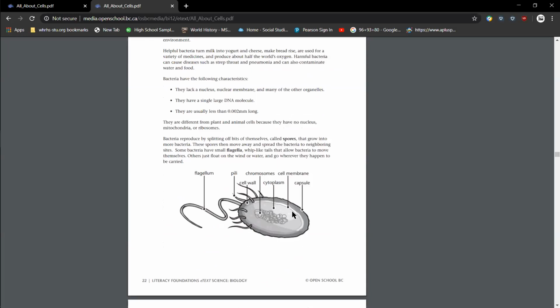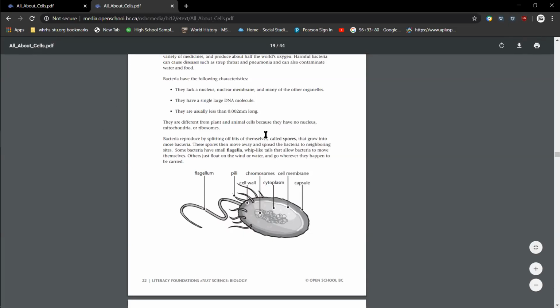That's pretty much all they have. They also have ribosomes. It's not shown here, but they do have ribosomes. Prokaryotic cells are much, much simpler. Eukaryotic cells have layer upon layer of specialization with the nucleus, mitochondria, and all of those other organelles.